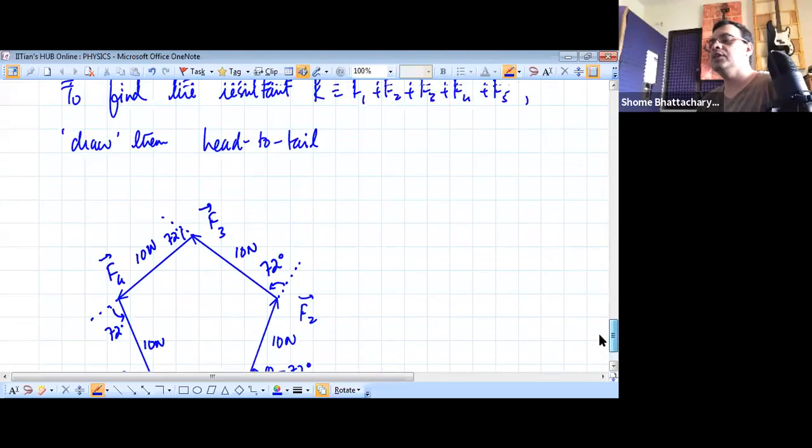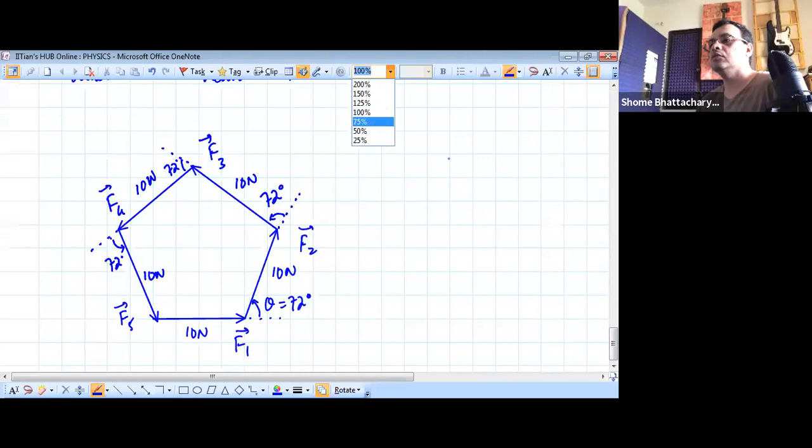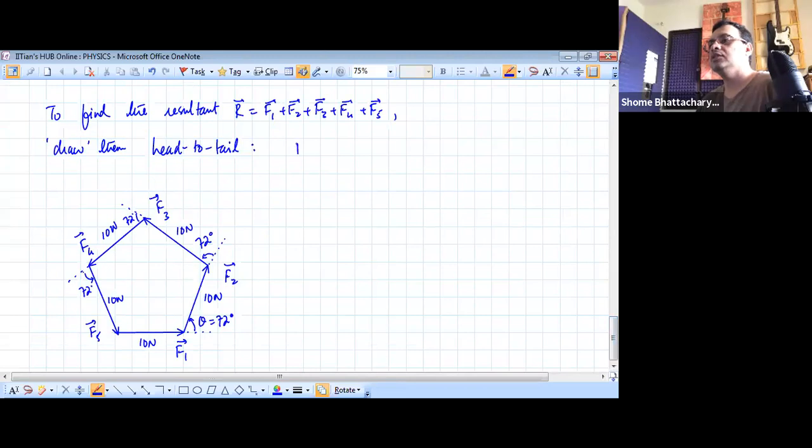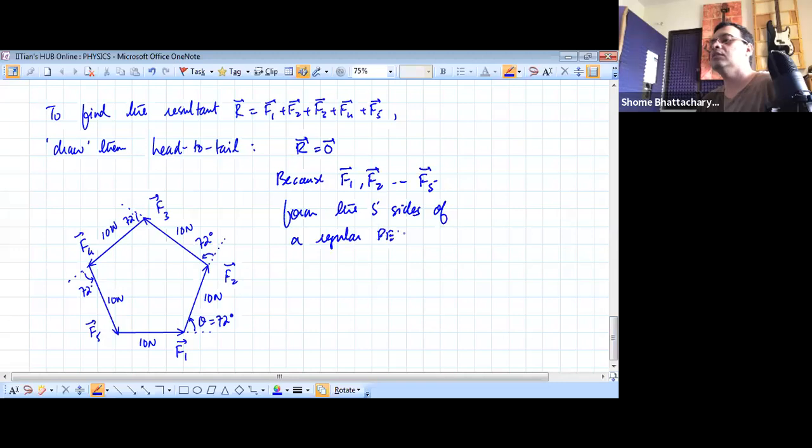So on drawing them head to tail, what we observe is that the resultant becomes 0 because the force vectors form the 5 sides of a regular pentagon. Like this. That's why the answer should be resultant is equal to 0.